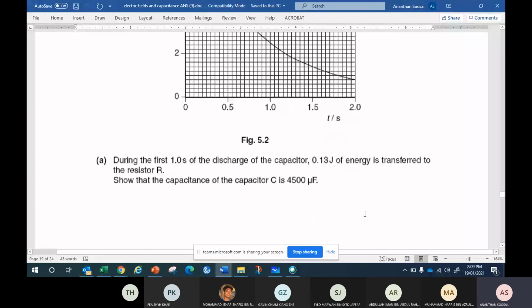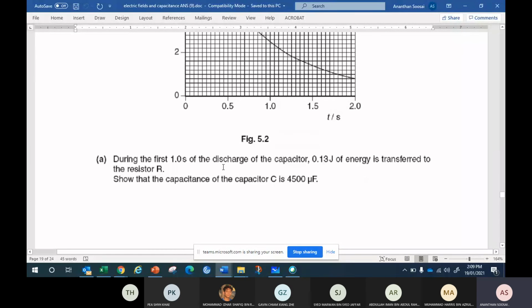During the first 1 second of the discharge of the capacitor, 0.13 joule of energy is transferred to the resistor. Show that the capacitance of the capacitor is 4,500 microfarad.